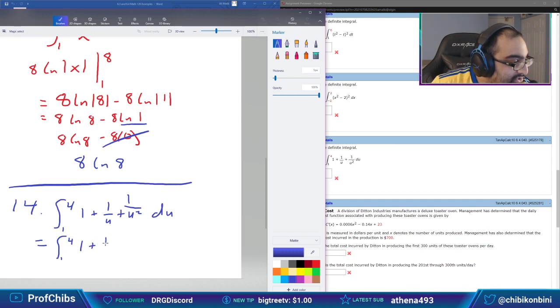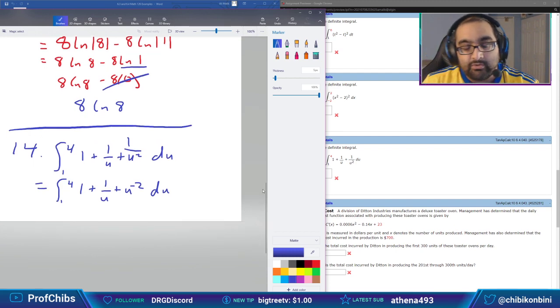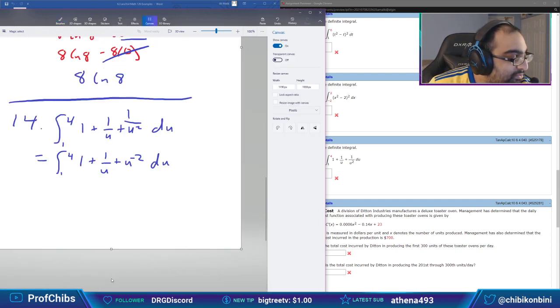So we get 1 plus 1 over u, and then we're going to keep this, we're going to change this to u to the minus 2. Notice I did not change 1 over u, because just like the last problem, we know that the integral of 1 over u is the natural log. It's the special one. I'm going to keep that as 1 over u, but 1 over u squared is its own animal.